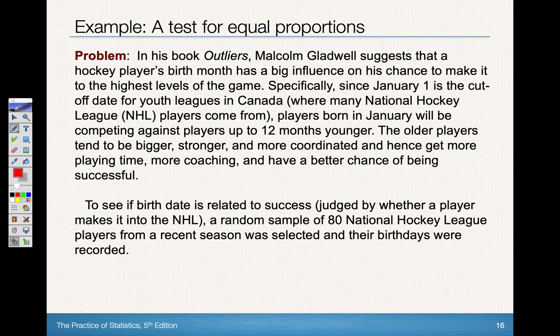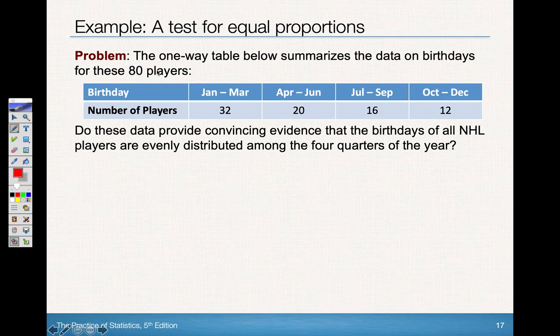To see if birth date is related to success, judged by whether a player makes it to the NHL, a random sample of 80 NHL players was taken. So we have a random sample here. We're going to have to do all of our work based on a random sample of 80. A one-way table here shows that they divided the birth months into 4 categories to make it easy. Now, I want you to see that this is just one set of 80, so one population.